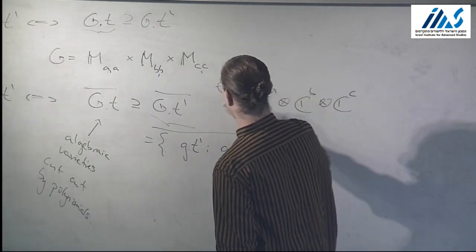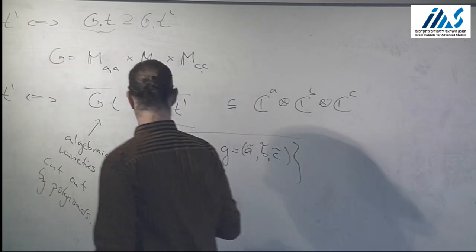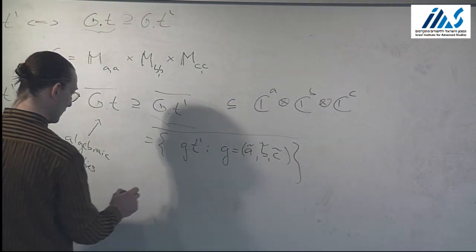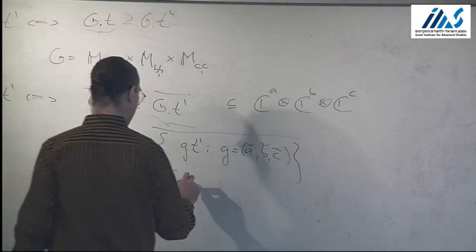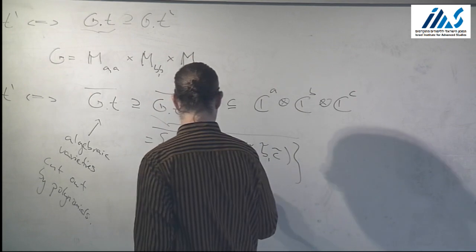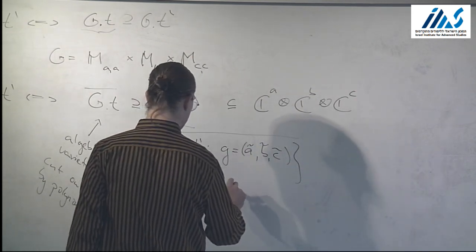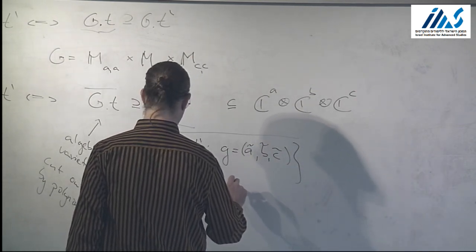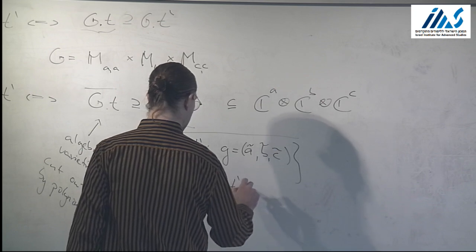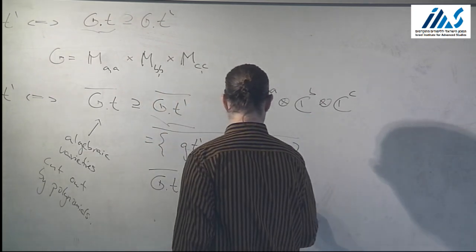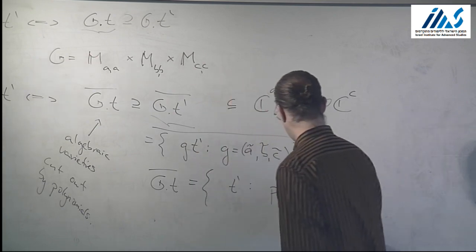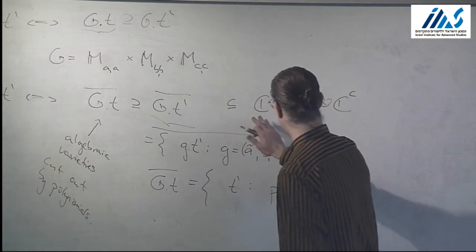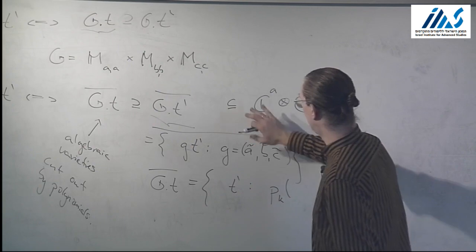So basically, here's my statement. This set here is equal to some set of T prime such that there is some list of polynomials p_k. These are polynomials in this space.